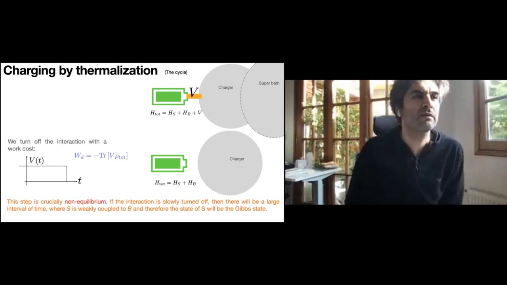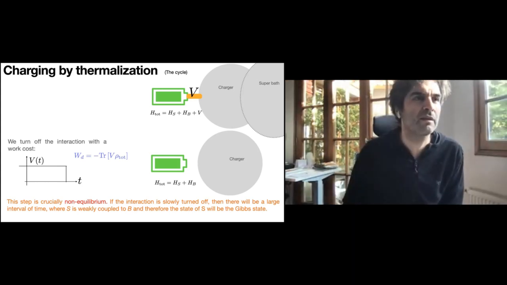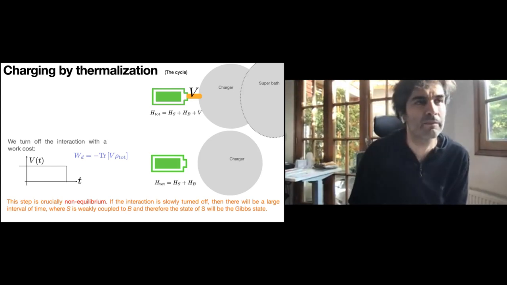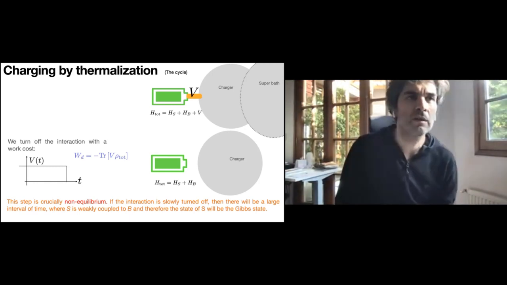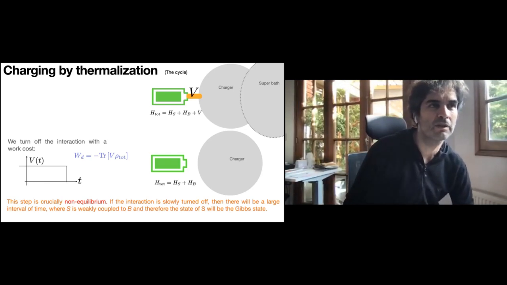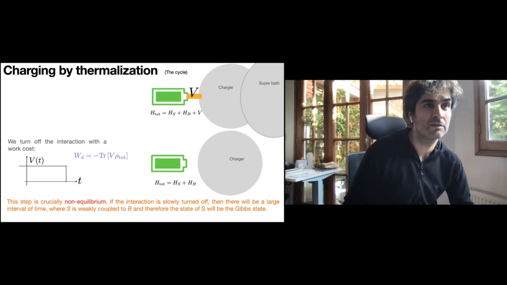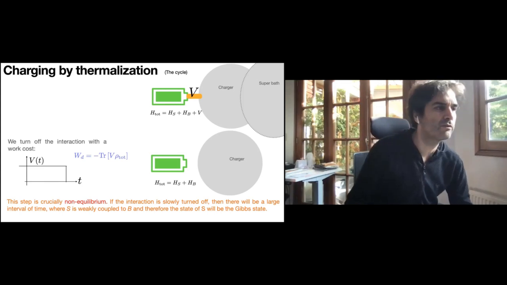A finite part that we call the charger, and the charger is connected to a super bath, and the interaction between the charger and the super bath is very weak. So to disconnect the charger from the super bath, there is no energy cost. But there is a cost for disconnecting the battery from the charger.